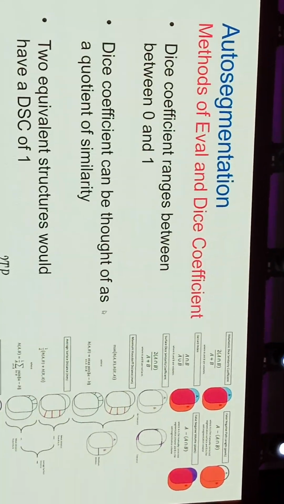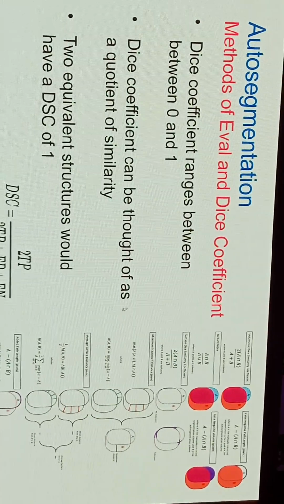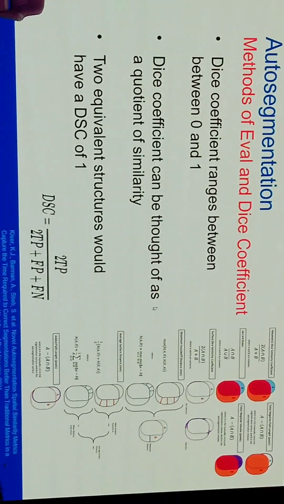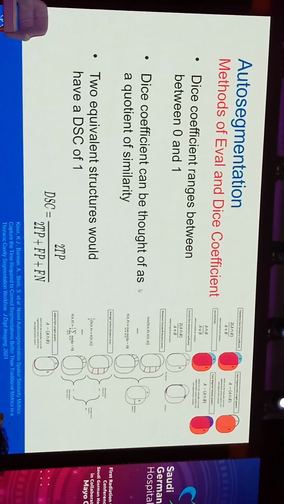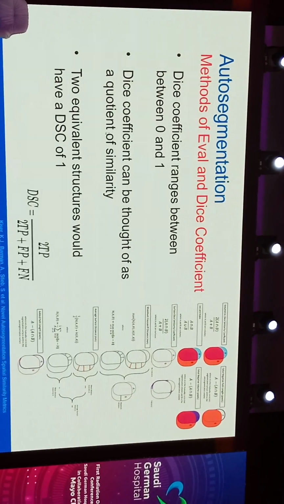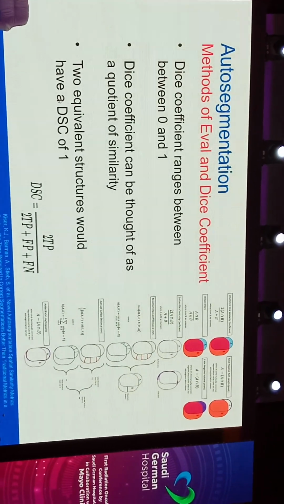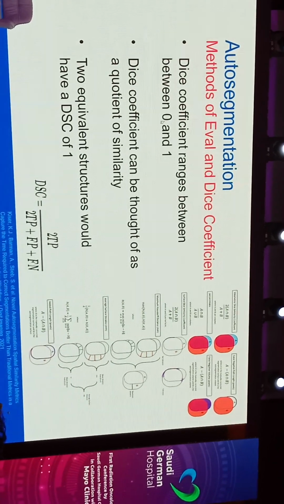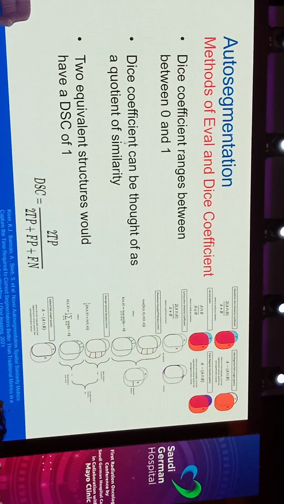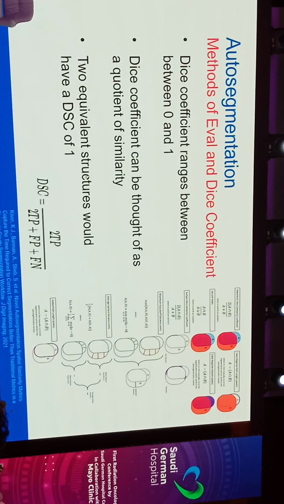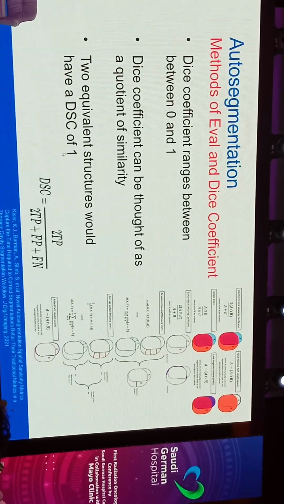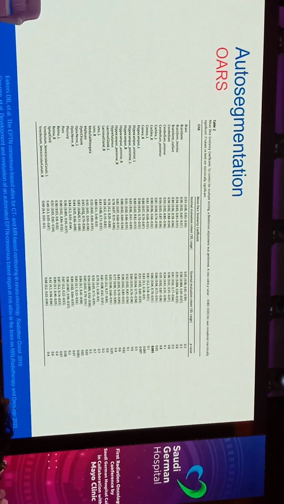Moving on to auto-segmentation, then, there are methods by which we can evaluate the segment that a computer delineates in comparison to what a human does. And the dice coefficient is one of many different ways to do this. It ranges between 0 and 1, and it can be thought of as a quotient of similarity. So two structures that are exactly equivalent would have a dice coefficient of 1.